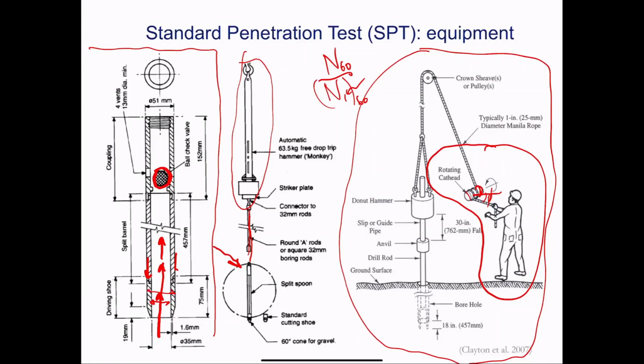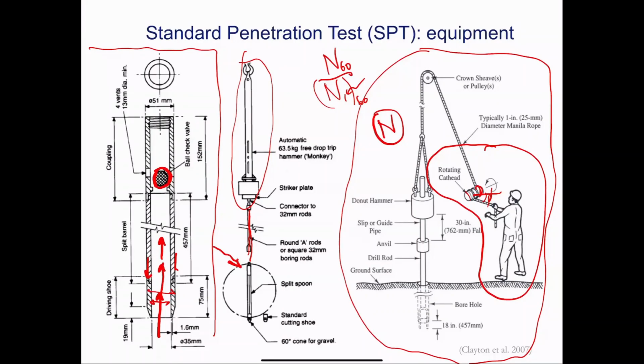What does that mean? Well, if we try to use the raw N values, you can get differences of up to 2 times for the same project, because some technicians will use different setups, different hammers, they have different heights, they pull up this cable in a different way, and they don't account for energy losses in the system. Where are the energy losses coming from?